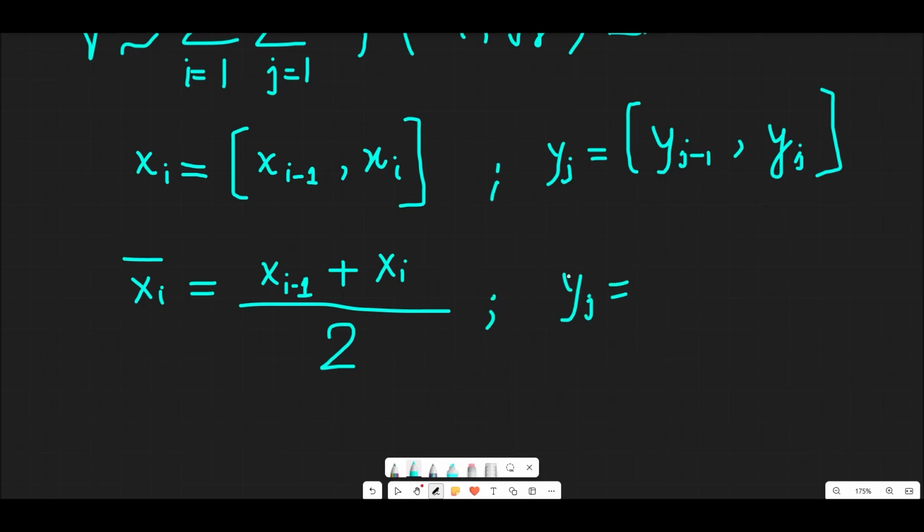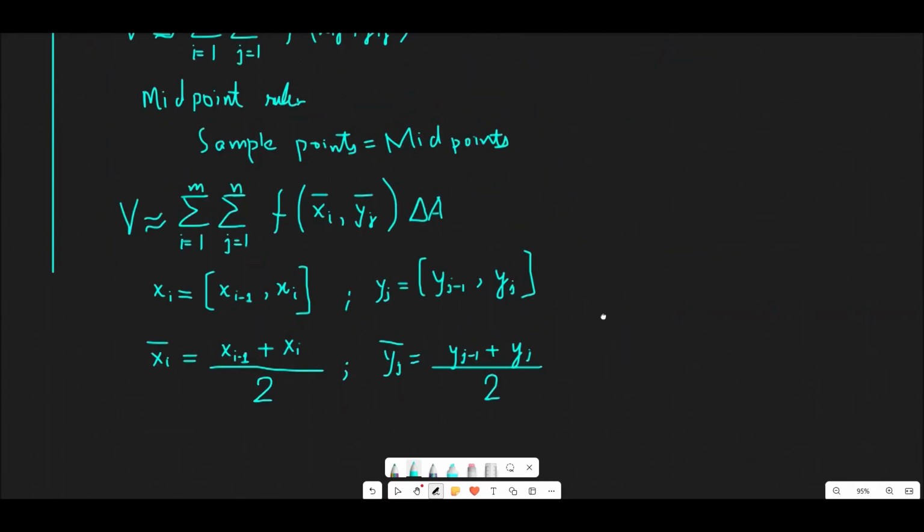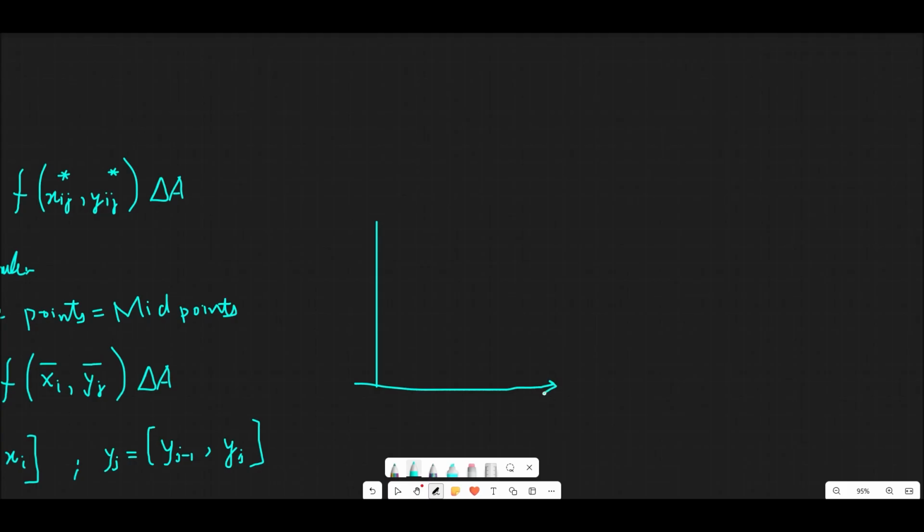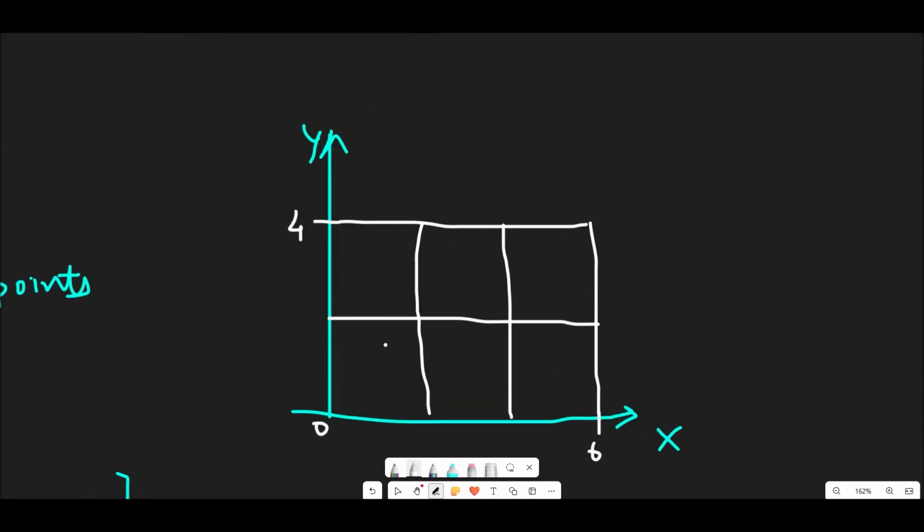The midpoint of the y_j interval would be y_(j-1) plus y_j, divided by 2. Graphically, this is our x-axis, this is our y-axis, this is our 6, 0, 4, and that's the rectangular region and the squares we have made. So the midpoint here would be like this. It's the midpoint of each rectangle.